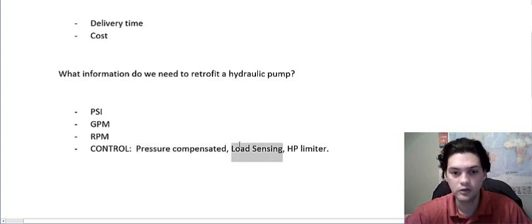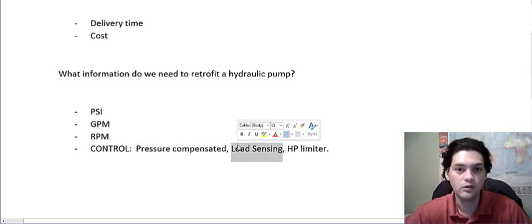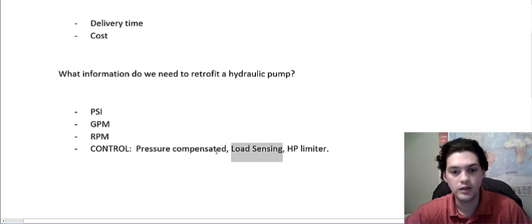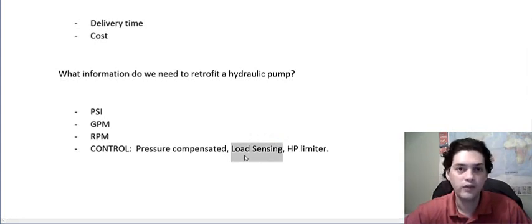The other control is the load sensing control. Usually this one goes together with pressure compensated, and it's normally used when you need a constant velocity during changing loads in your system.